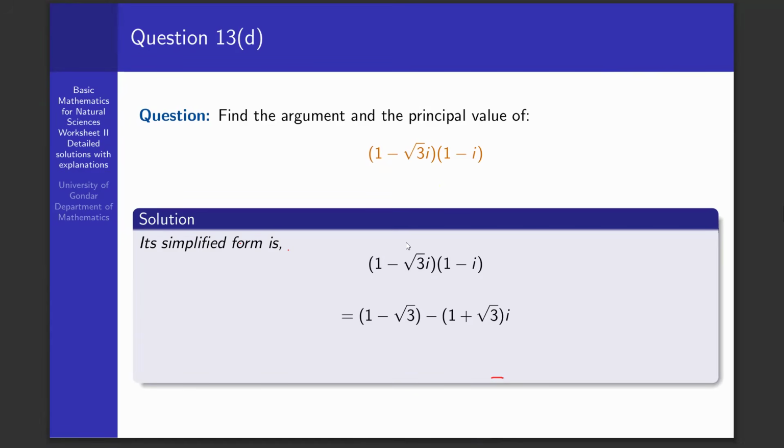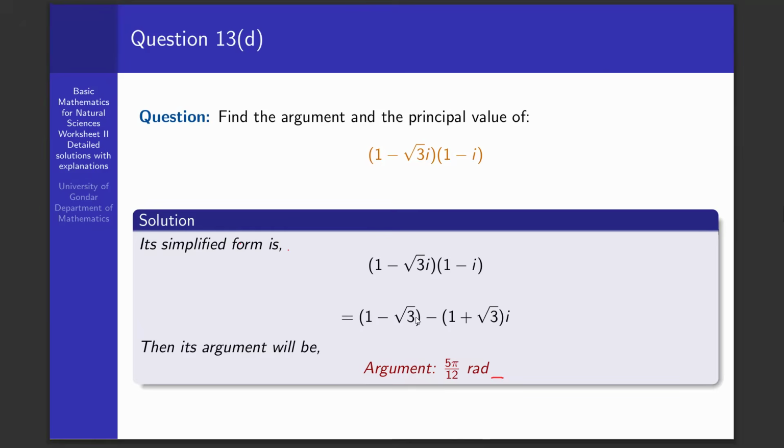Therefore, the principal argument of this one could be tan inverse of minus 1 plus radical 3 over 1 minus radical 3, which could be approximated as 5 pi over 12 rad. I can use a scientific calculator. That is tan inverse of the negative of 1 plus radical 3 over 1 minus radical 3, which is 5 pi over 12 rad.